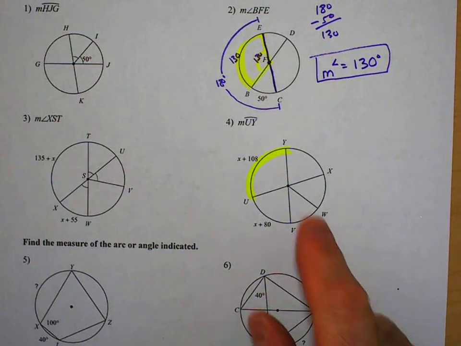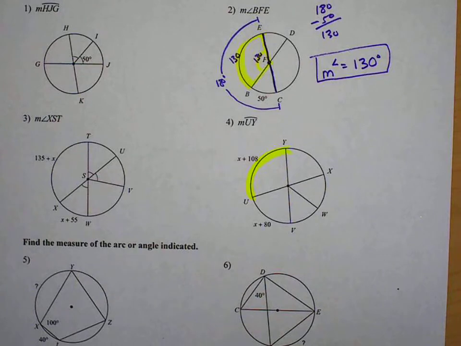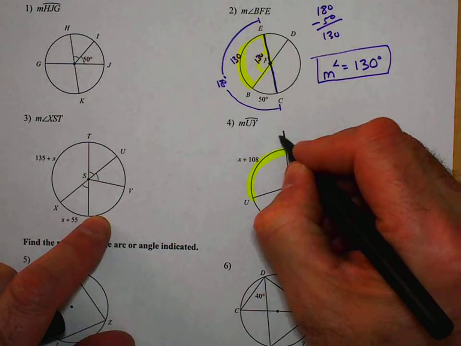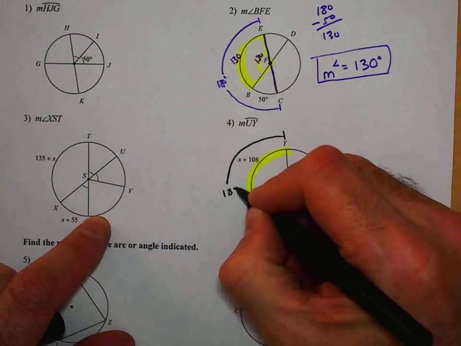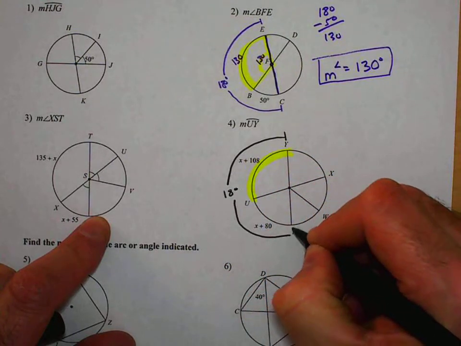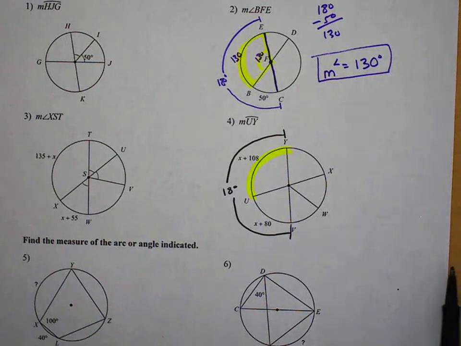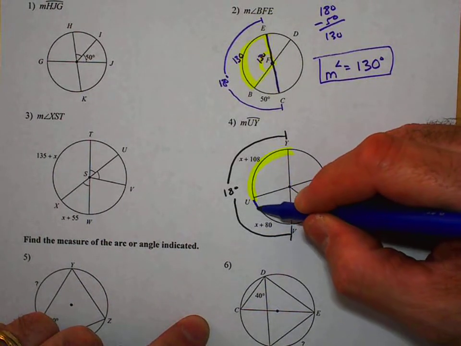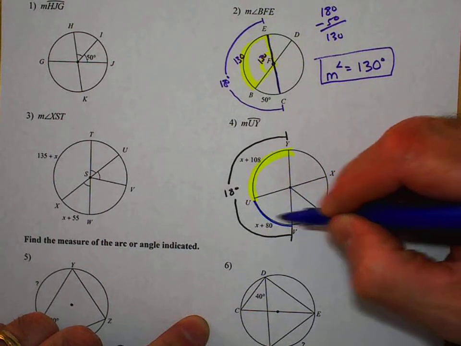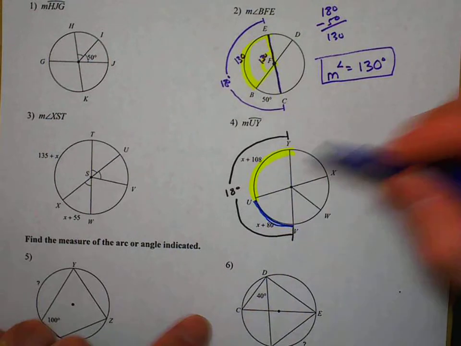Once we find out what X is, we can go ahead and plug it in. We also know that, again, this is 180. So if I can add the blue arc to that highlighted arc, I'm going to get 180.